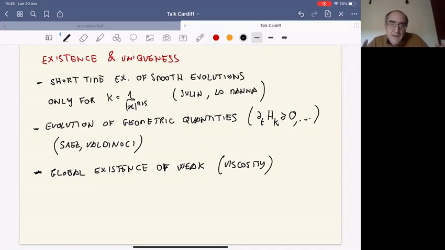The main one, well, I will discuss, maybe I will present two, but the main one is viscosity solutions. Let me just very briefly say what I'm talking about.